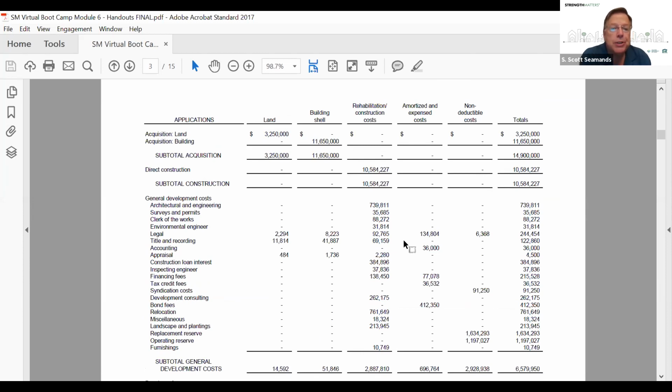All of your sources are down the left-hand side of the page, and then it's being spread into the appropriate bucket across the top, whether it's land, building, shell, rehab costs, amortized, or non-deductible. So this sample gives you a snapshot of where those costs typically get categorized.